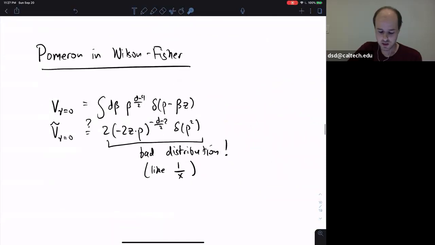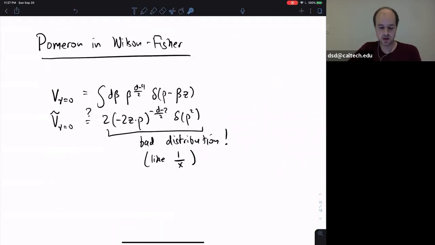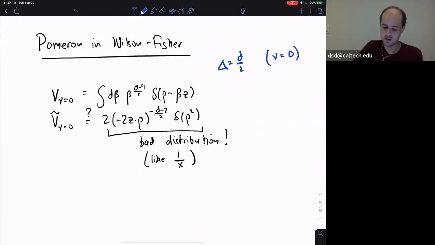Okay, so let's really look at the point delta equals d over 2. Let's look at our two trajectories here. That's the same as nu equals 0 in the coordinates I chose. So we can set nu equal to 0 and look at the vertex for the first 45-degree trajectory, and that's this. And we can do the same for its shadow.